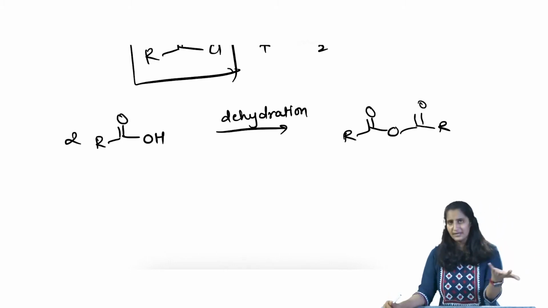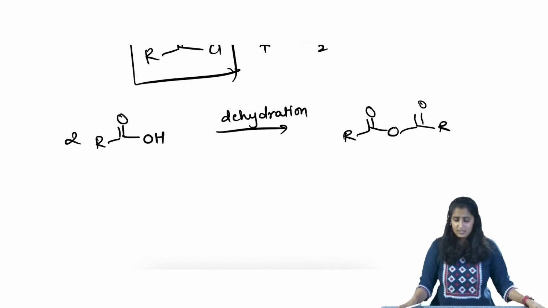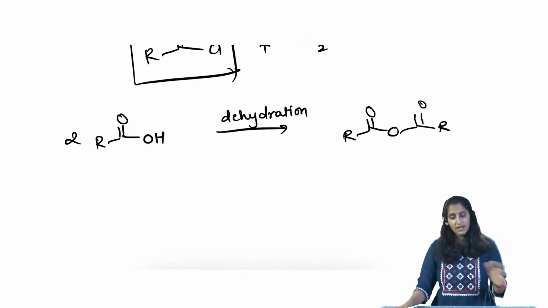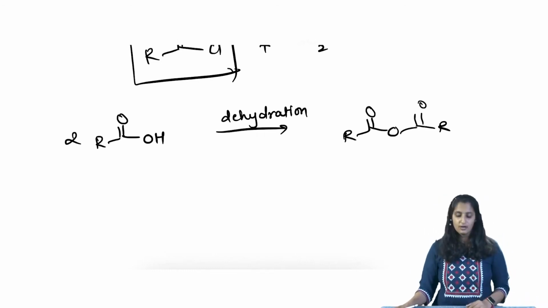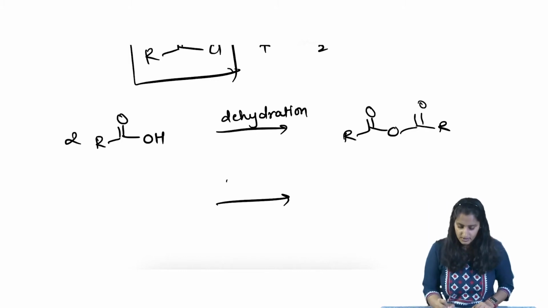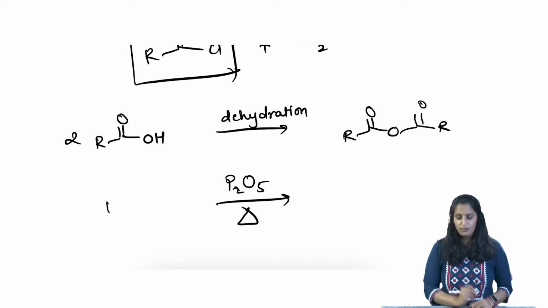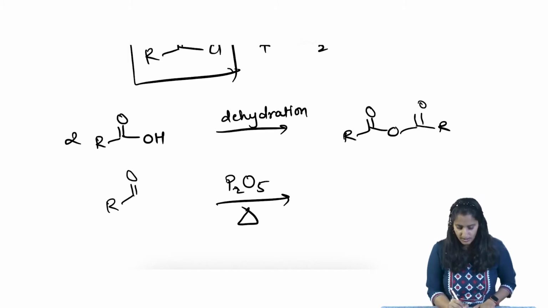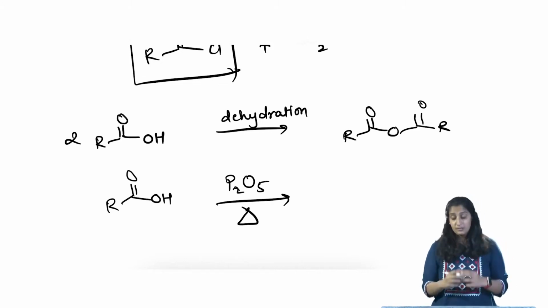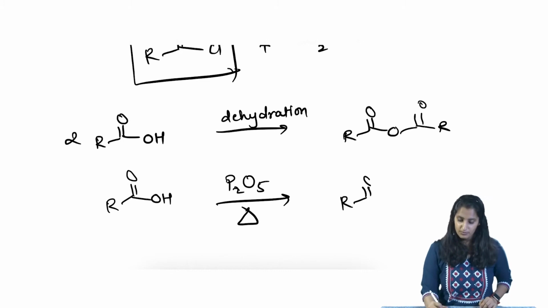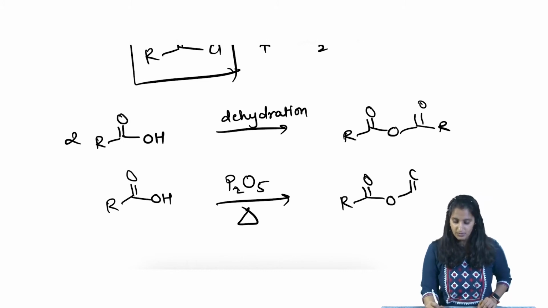Of course, now there are better reagents to form anhydrides, but previously dehydration was a way to form anhydrides, and the reagent for that is phosphorus pentoxide. So, P2O5 and heat. So, if you take any acid, put it in P2O5, heat it up, you form RC double bond O R.